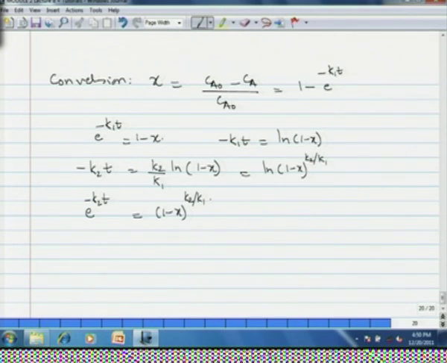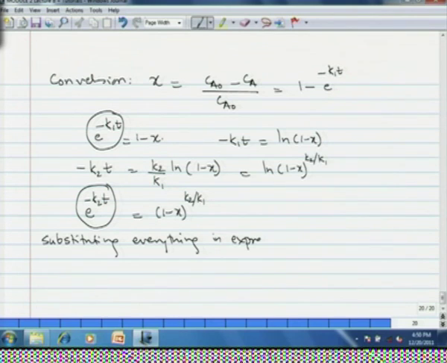So, what we have done is that essentially we have tried to get the expressions for the two exponentials e to the power minus k1t and e to the power minus k2t in terms of conversion x. And now, we substitute all expressions, substituting everything in the expression of selectivity.